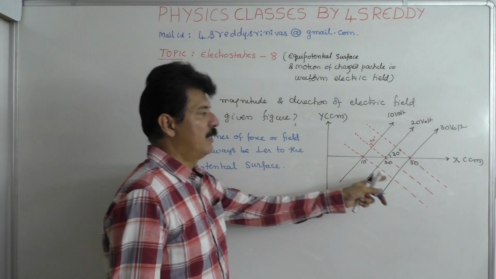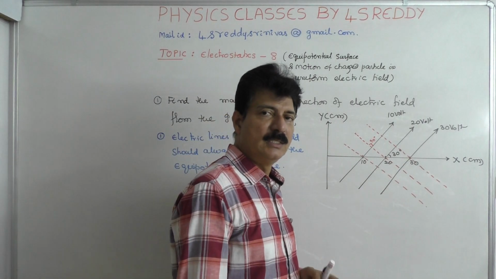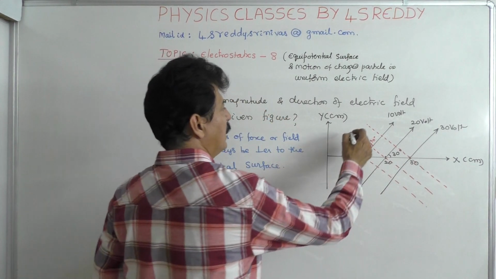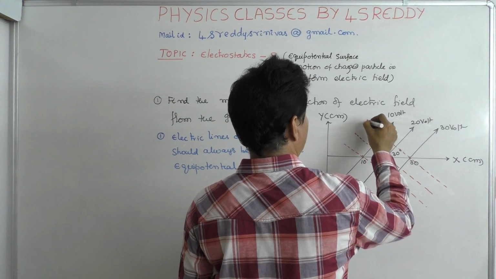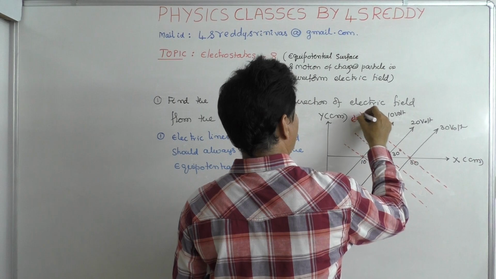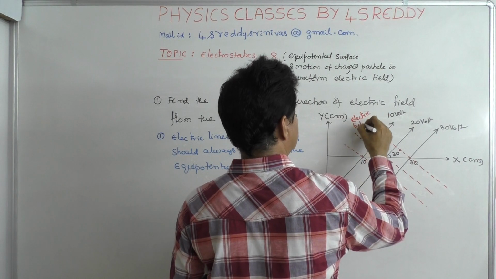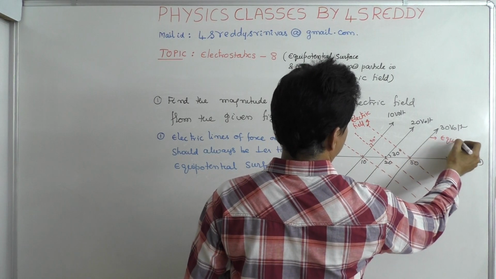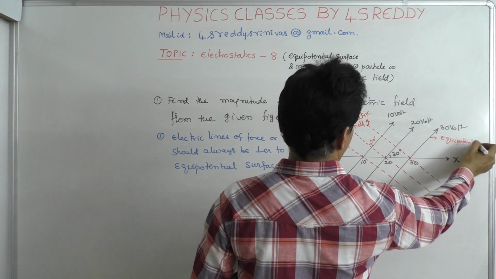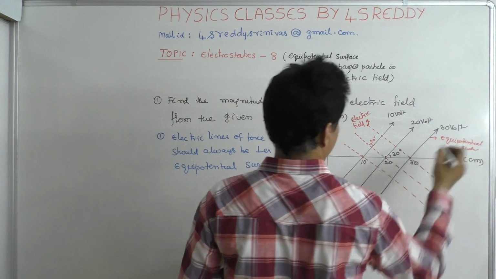So first when you observe, this is what you have taken. Now these are the electric field lines. The electric field vector is in this direction. These are the equipotential surfaces, like this.